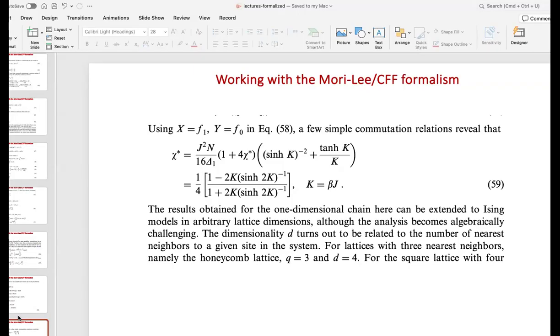When you study dynamics of many particle systems, there are essentially three groups of systems. One is magnetic systems, which are spin systems, and we did a simplest possible study of that.